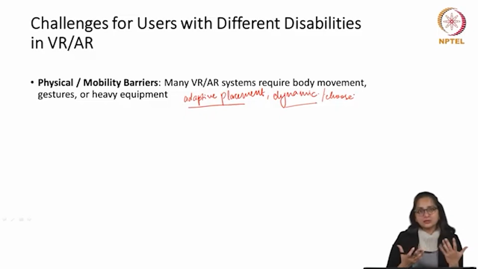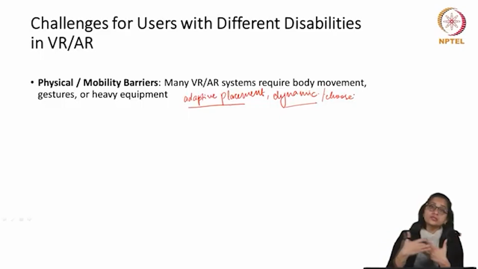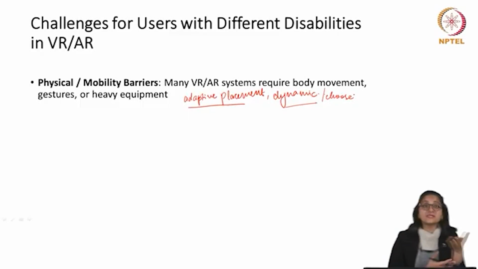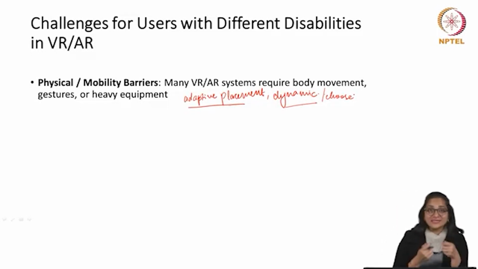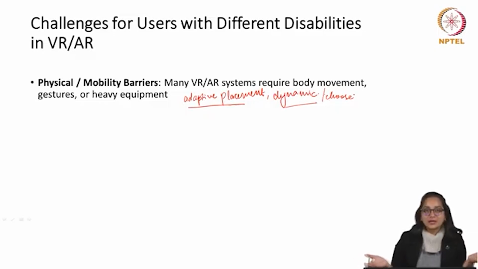So rather, the user should be allowed to choose their own frame of reference, rather than the designer or the developer fixing it for them in the virtual world. I think that is the flexibility the virtual world enables, and the real world does not. We cannot change the horizontal, it's with respect to the earth. But in the virtual environment, we can do that. So why not explore it and make it a more inclusive environment?